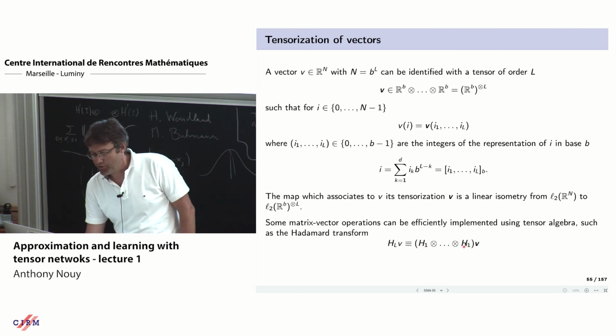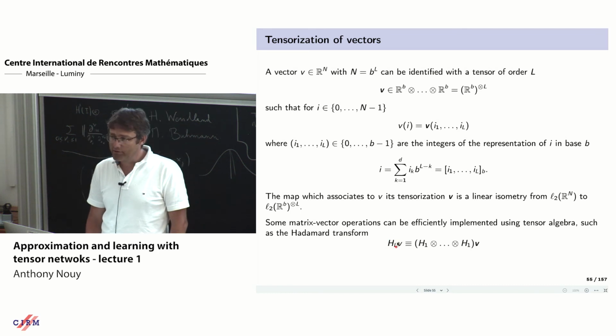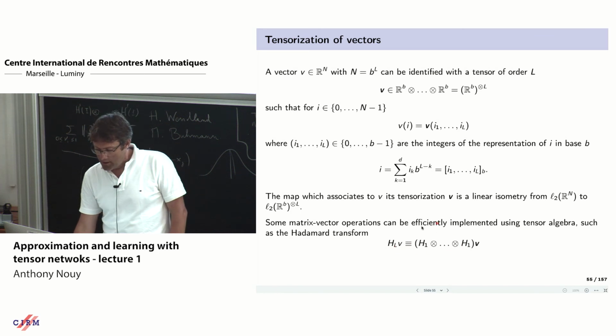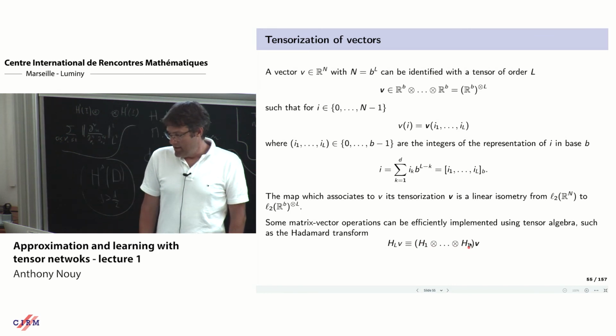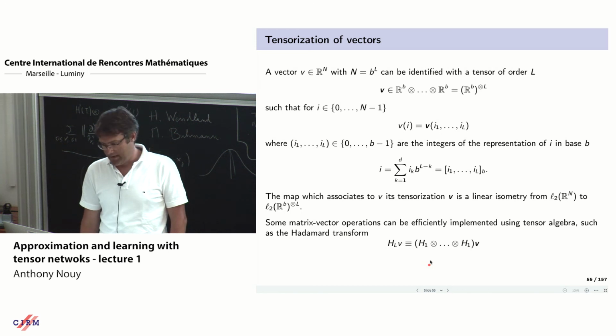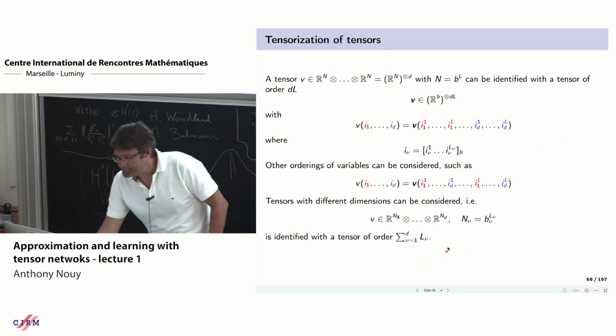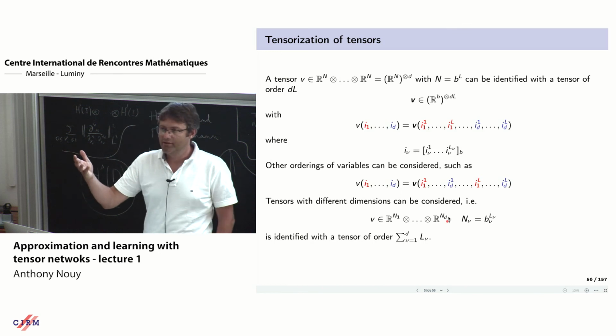The elementary tensor product of these operators is associated with the Hadamard transform for vectors of size 2 to the power L. So this reflects the efficient complexity of this Hadamard transform, which will be in n log n. It is quite easy to obtain from this the result that the Hadamard transformation can be done in n log n complexity.